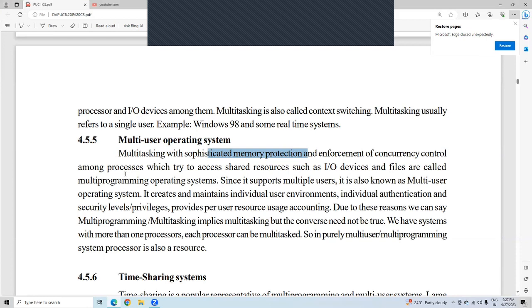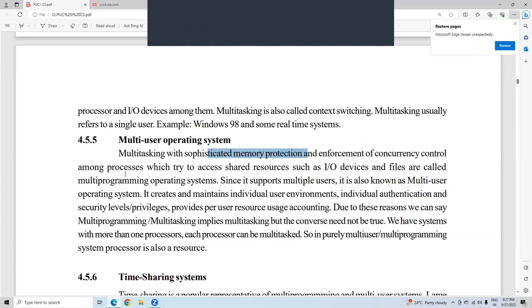We have systems with more than one processor, and each processor can be multitasked. The computer I'm using now has only one processor, but where heavy processing is required, multiple processors can be placed in the computer. For example, assume a goods train carrying very heavy materials in the bogies, which cannot be moved by one engine.